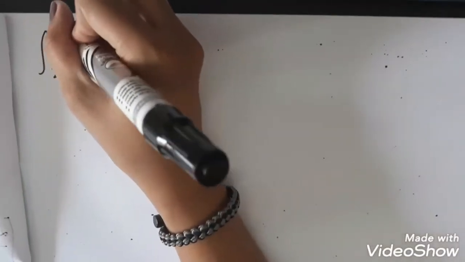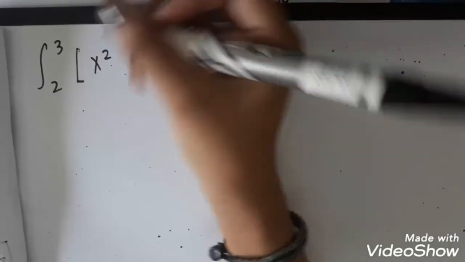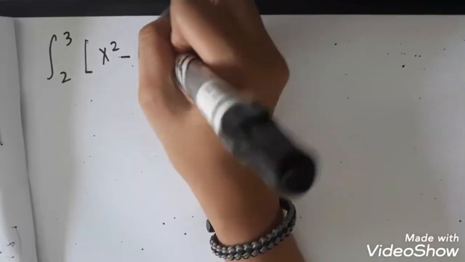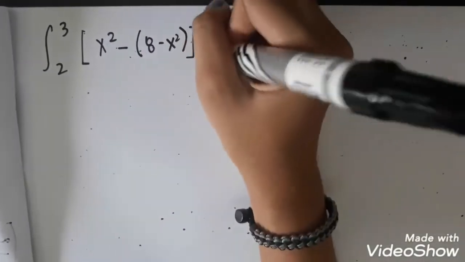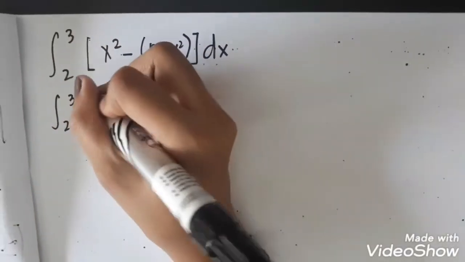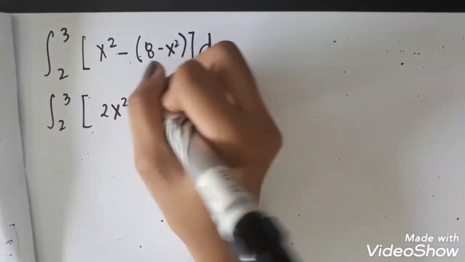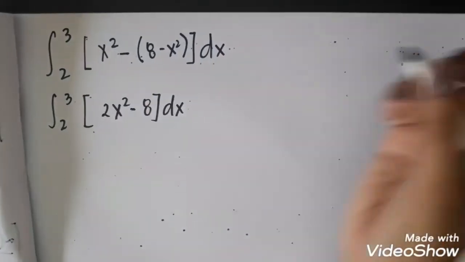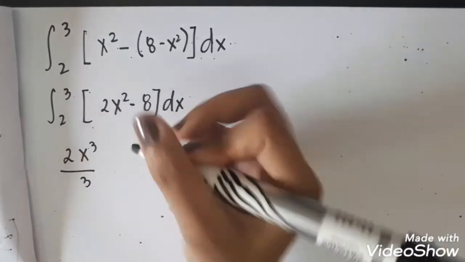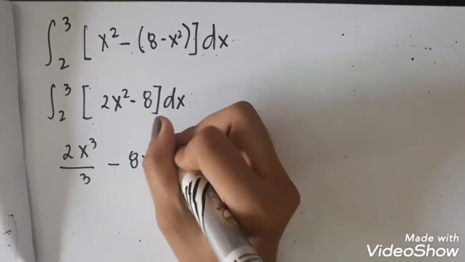So we'll have to write x squared minus the lower curve, which is the 8 minus x squared dx. Let's simplify it. We'll get 2x squared minus 8 dx. Let's integrate it. We'll have 2x cubed over 3 minus 8x integral from 2 to 3.